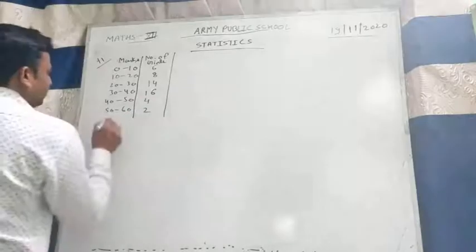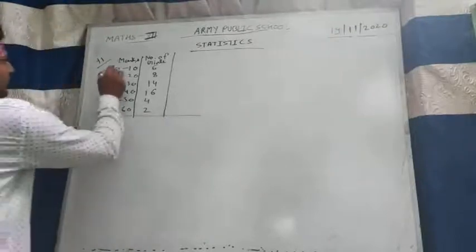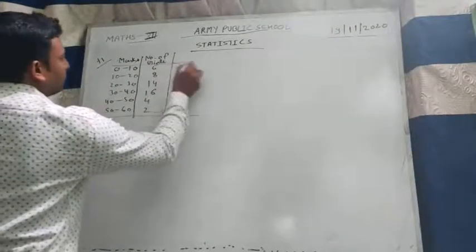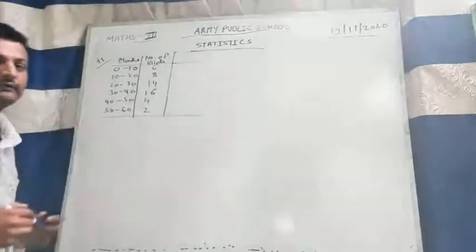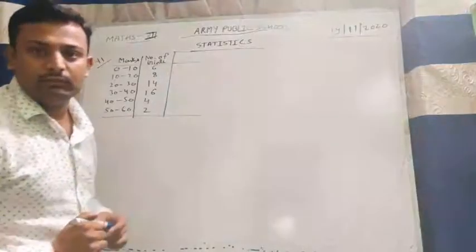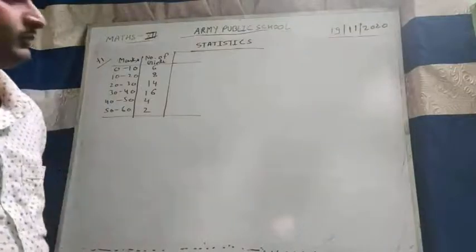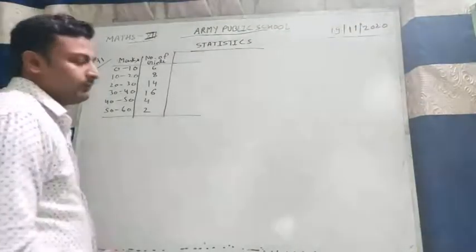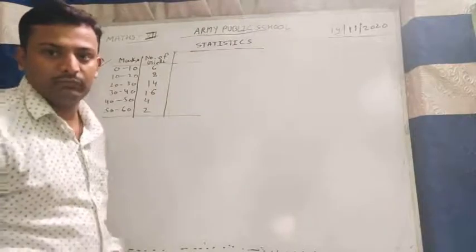We have to find the mean deviation from the given information with the help of median. So first of all we will find out what is the median of this data, then we will find our mean deviation with the help of median.